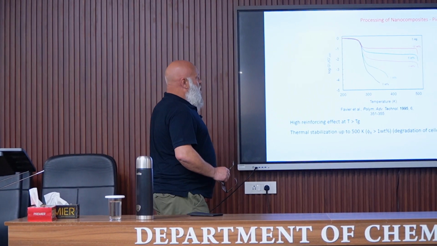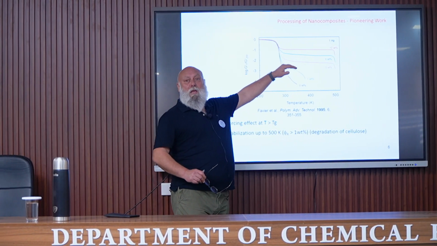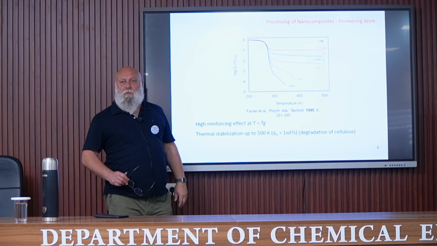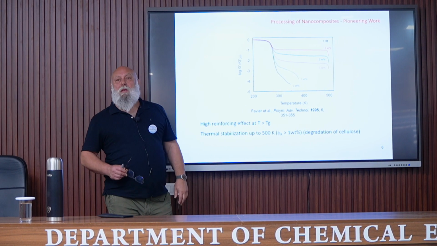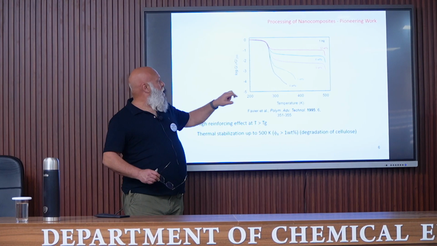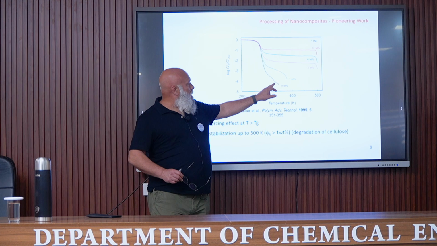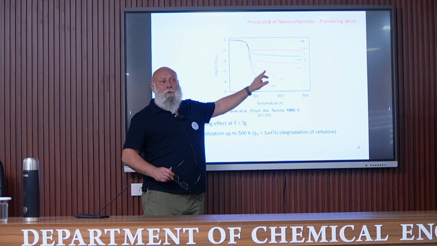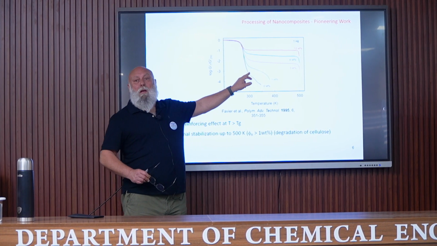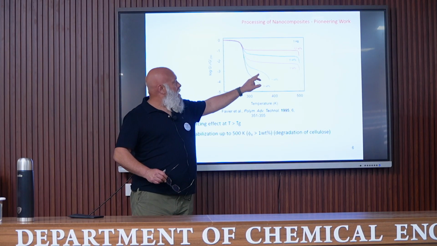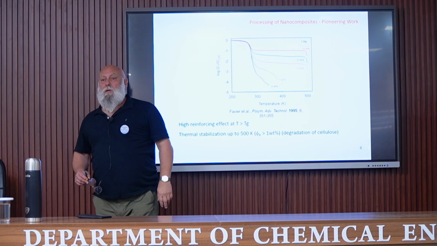The first one is a very strong increase in the rubbery modulus. When I say very strong increase, remember that we have here a logarithmic scale, meaning that there is an increase of about 10 by adding only 1% cellulose nanocrystals. With 3%, it's about 100.